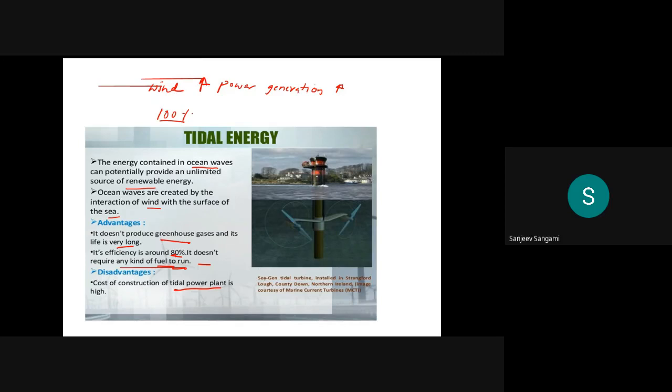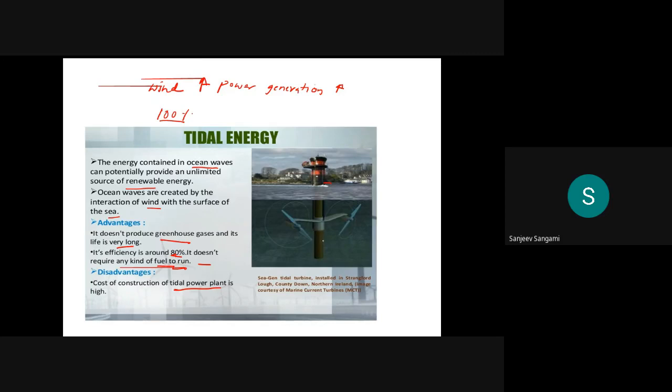For example, this is one tidal turbine installed in Strangford county in Ireland. You can see how exactly it has been installed. Here we can see the plant inside.